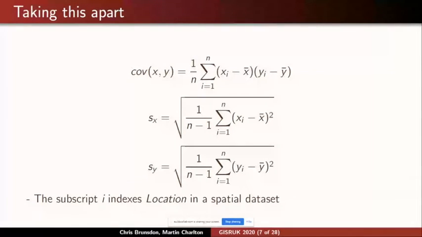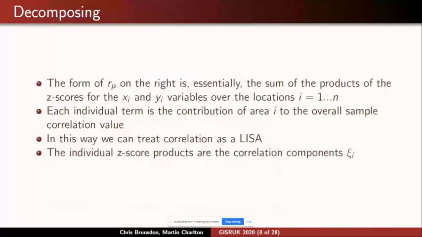So taking that apart, the covariance is the upper part, and the sample standard deviations are in the lower part. Another way of looking at i is that not only does it index each observation, it also indexes location in a spatial data set. So if we've got boundaries, then we can start to map those.